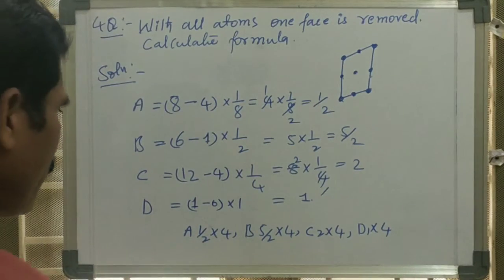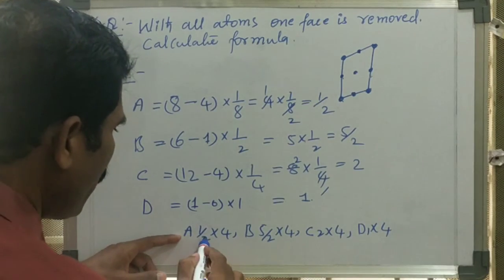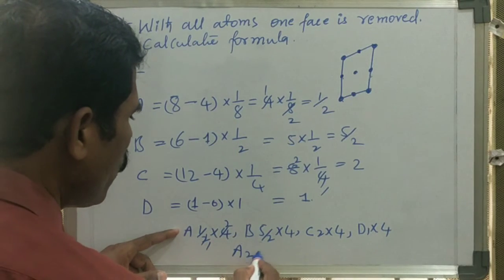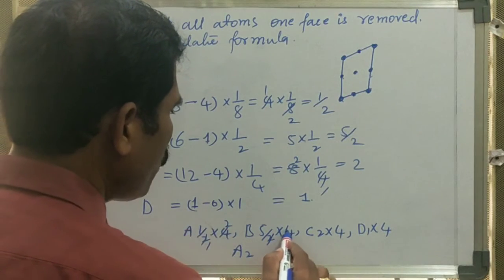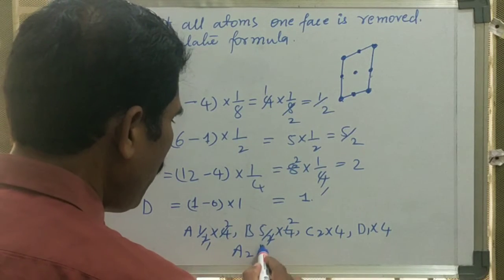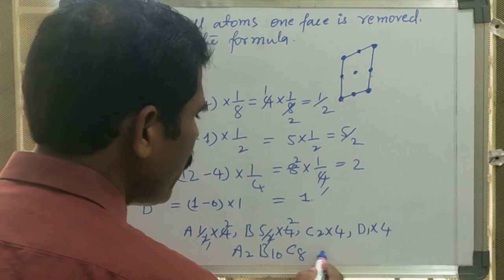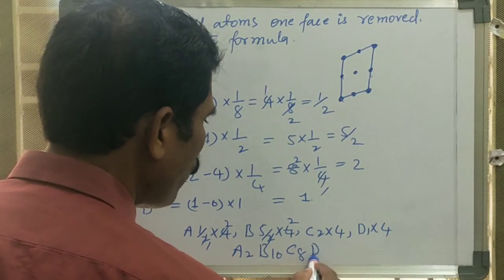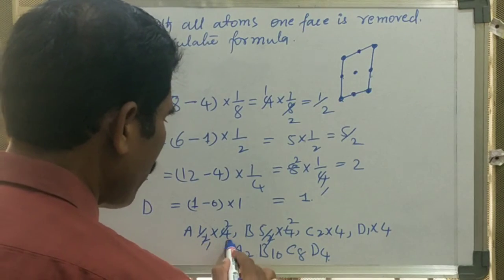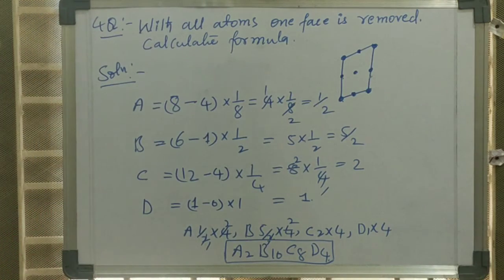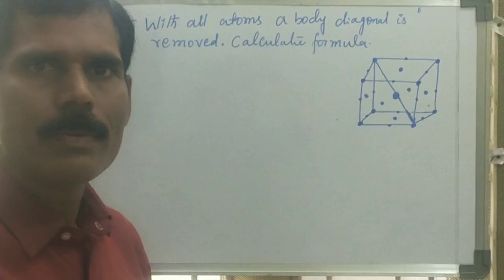Now let us get the final formula: A2, B10, C8, D4. This is the final formula. Understood, all of you? Okay, then stop.